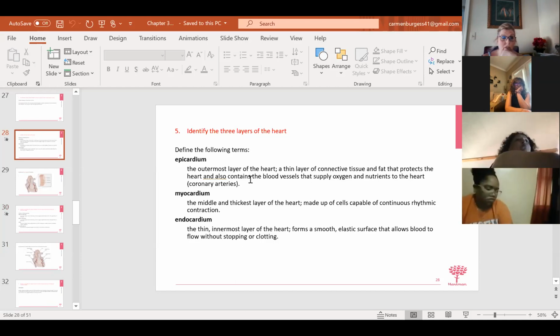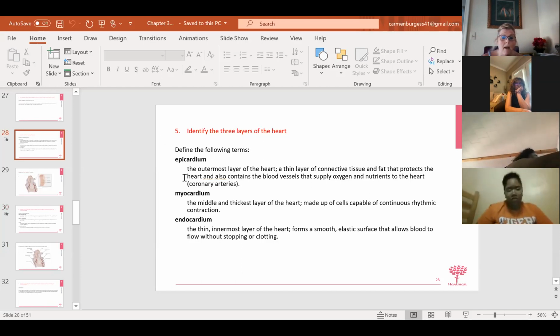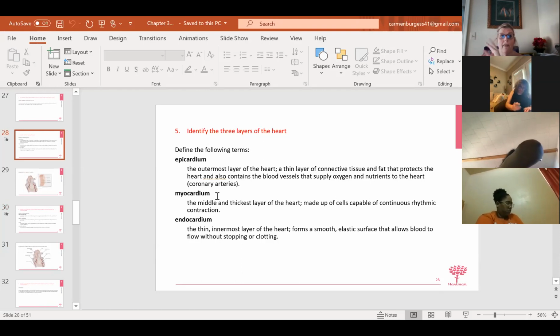The middle layer is called the myocardium, and from medical terminology, myo means muscle. That middle muscular layer is the thickest part, where all the cells capable of contracting are located. Everything you need to pump blood is in the myocardium, that big, thick, muscular layer.